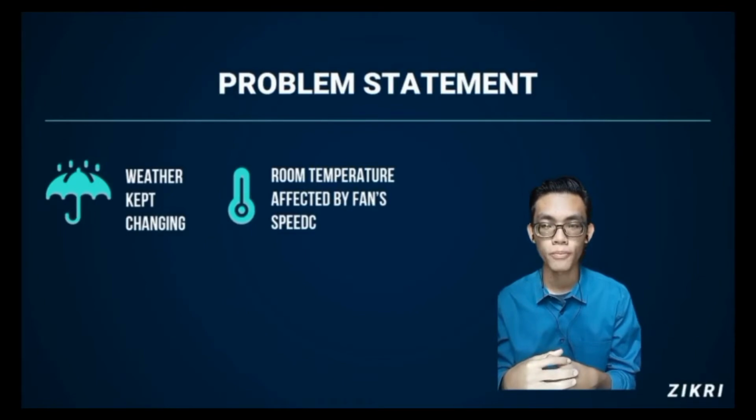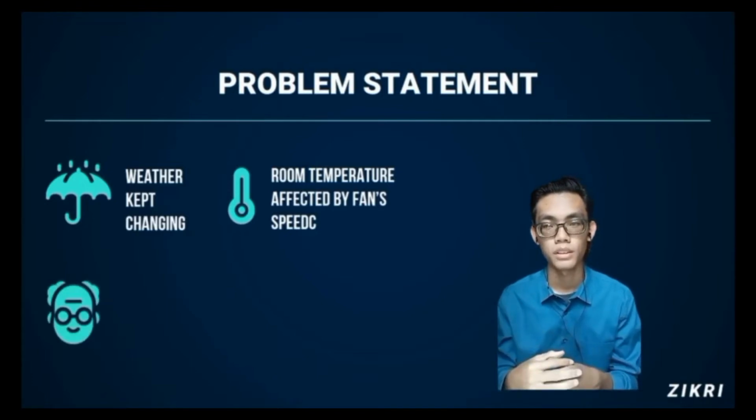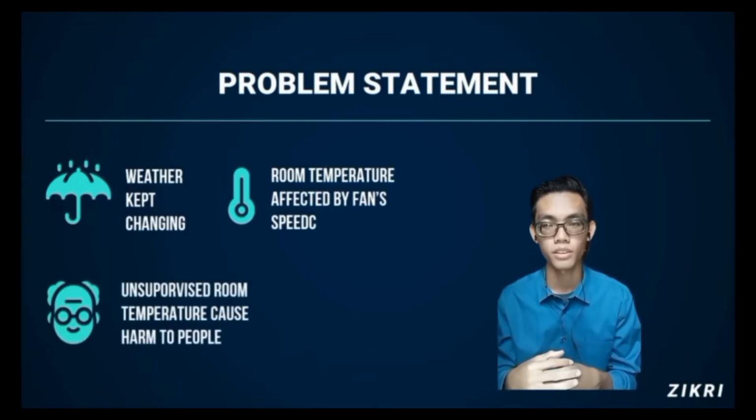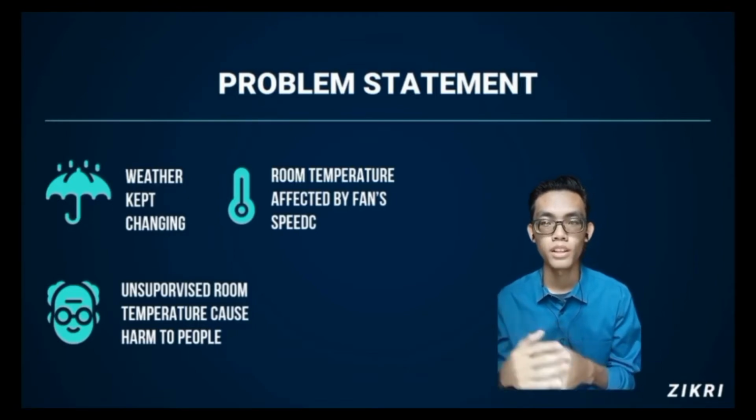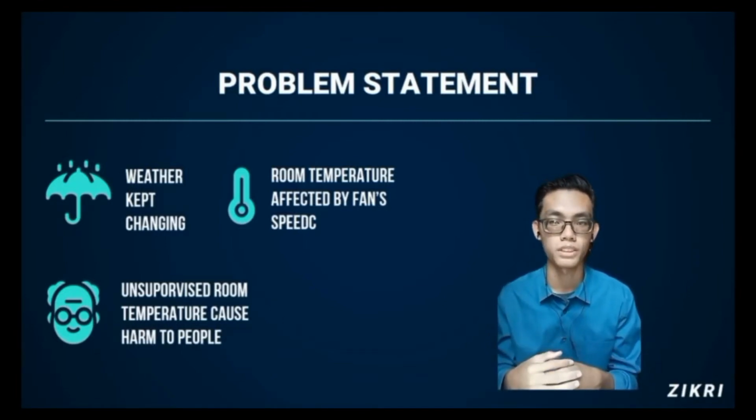This can lead to serious cases, which risk health conditions, especially for the elderly, children, and newborns who cannot control the speed of the fan by themselves. They need help.